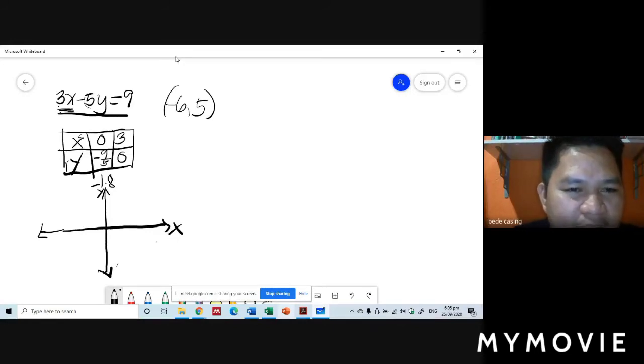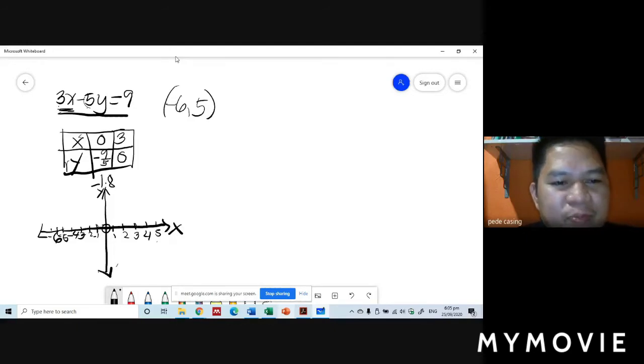So maghimo ta diri og number line. This is 1, 2, 3, 4, 5. Positive going to the right. Then the origin is 0. To the left, we have negative numbers. So we have negative 1, negative 2, negative 3, negative 4, negative 5, negative 6.